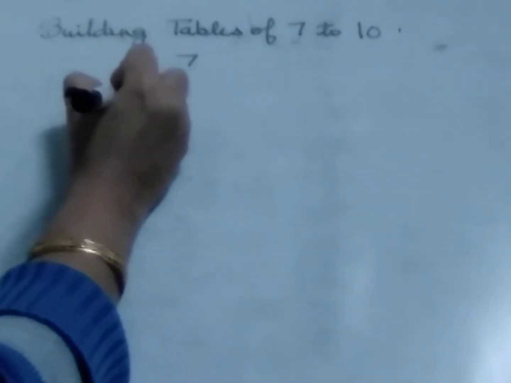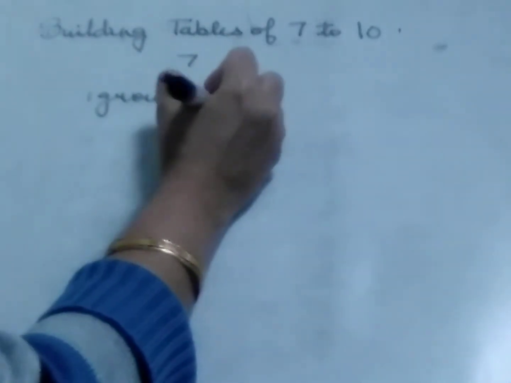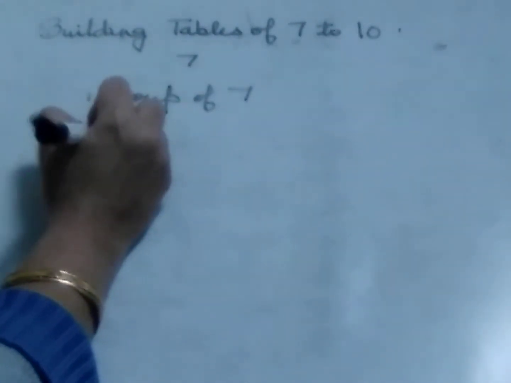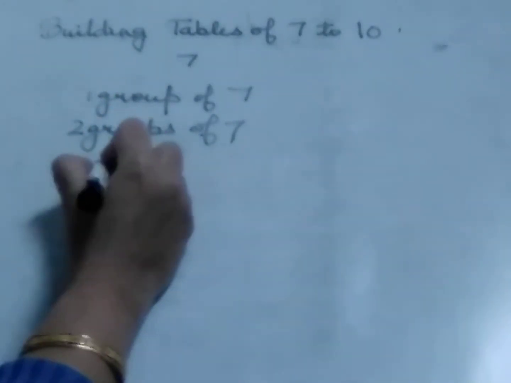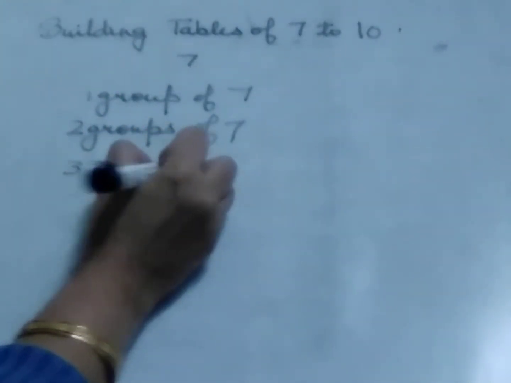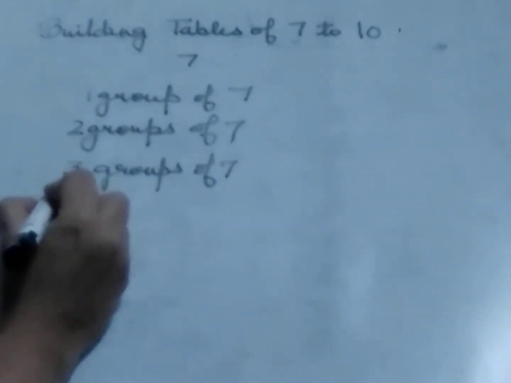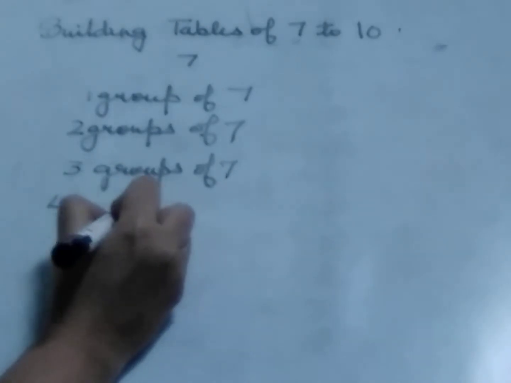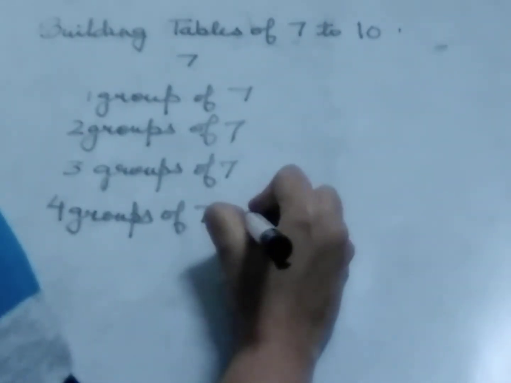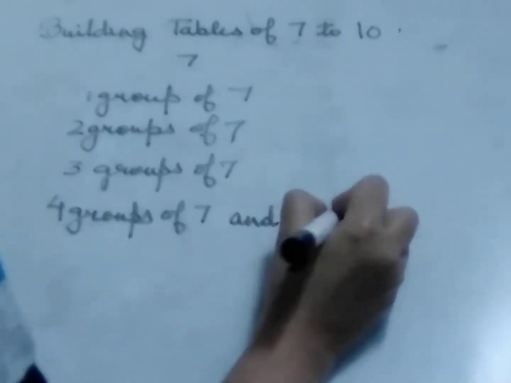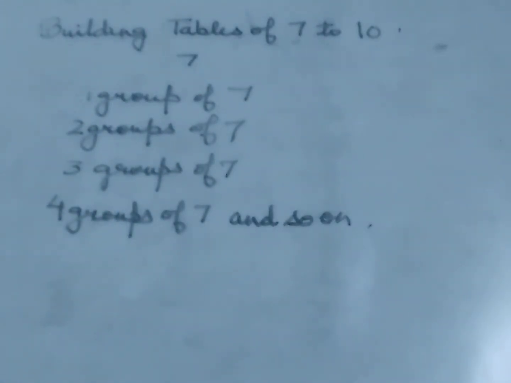We can build the multiplication table of 7 by making one group of 7, two groups of 7, three groups of 7, four groups of 7, and so on. So find the total in each group.